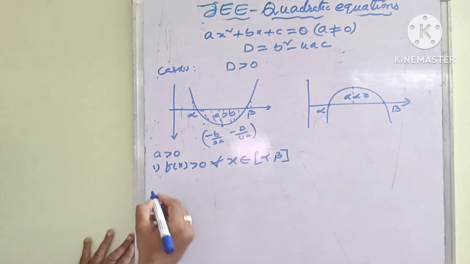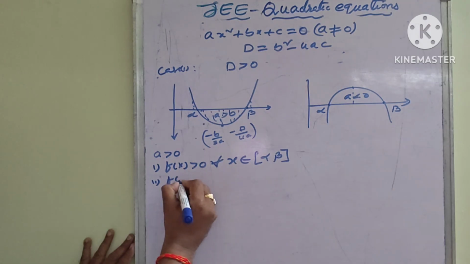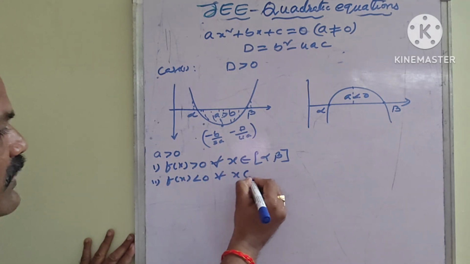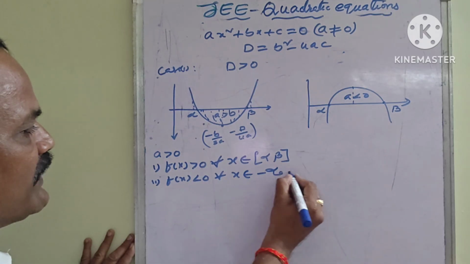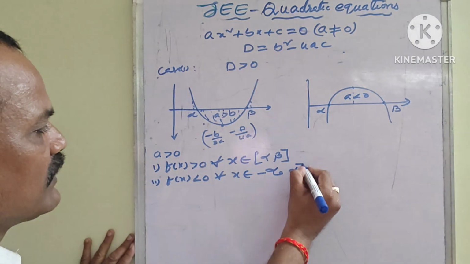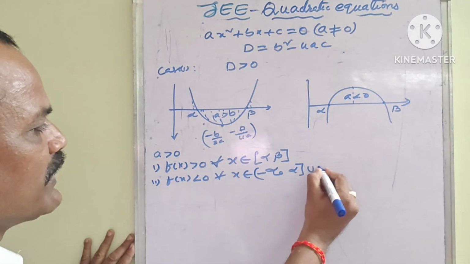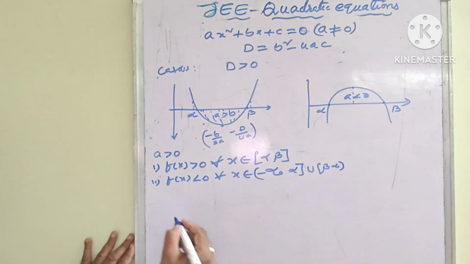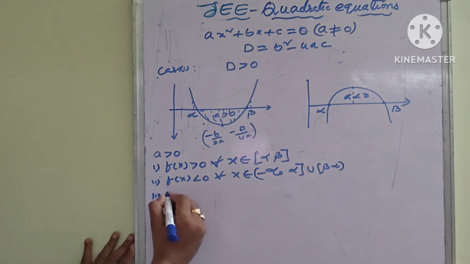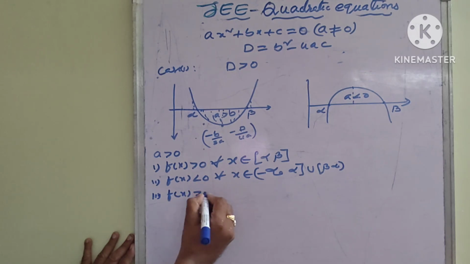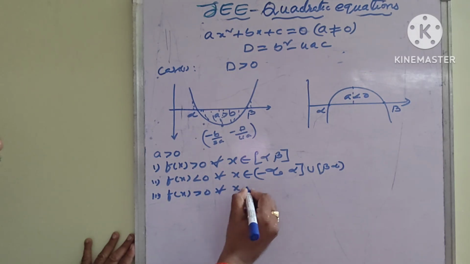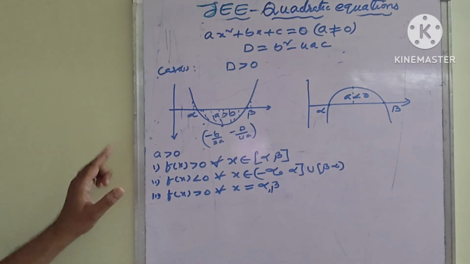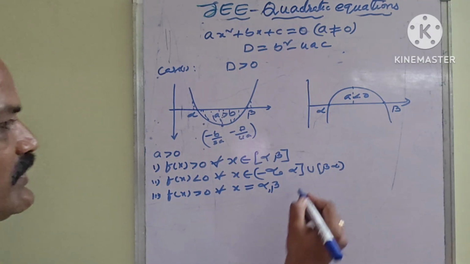Second case: f of x is less than 0 for all x belonging to minus infinity to alpha closed interval union beta to infinity closed interval. Third case: f of x is equal to 0 for x equal to alpha, beta. So this is if a is greater than 0.